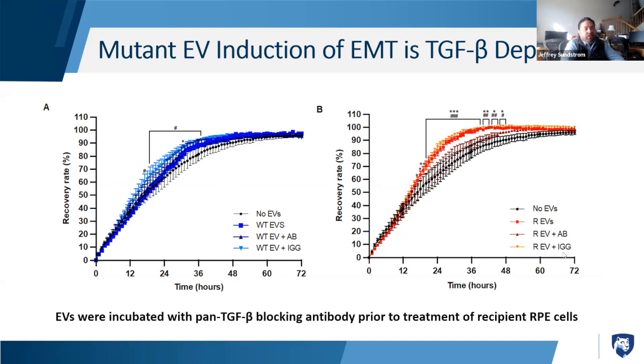When they're treated with a control IgG antibody, there's no effect. But when they're treated with the pan-TGF-beta blocking antibody, that's the darker maroon line here, it collapses back to the no EV treatment group. So this allows us to at least tentatively conclude that mutant EV induction of EMT is TGF-beta dependent.